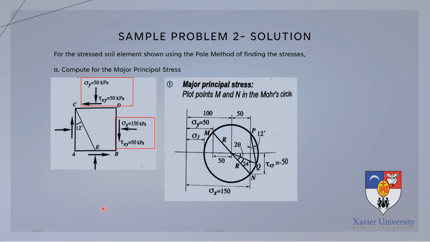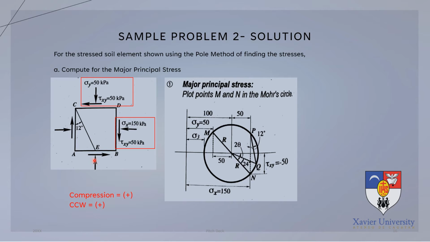First we have to recall our discussion on the sign convention for establishing our Mohr circle. Compression will have a positive sign, and the counterclockwise direction of rotation will have a positive sign. First, our normal stress sub y, which is equal to 50 kPa, has its counterpart on the opposite side, and its counterpart points upward.